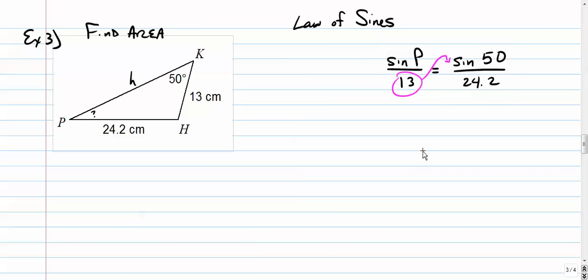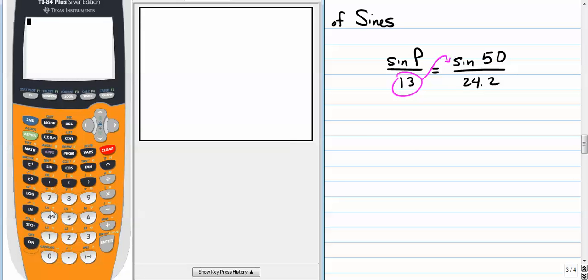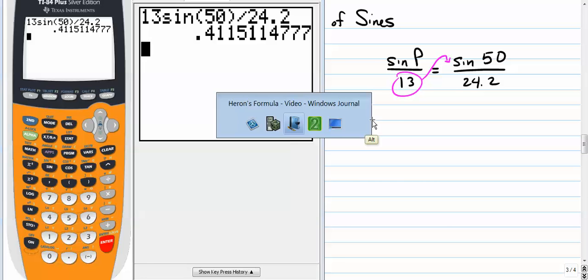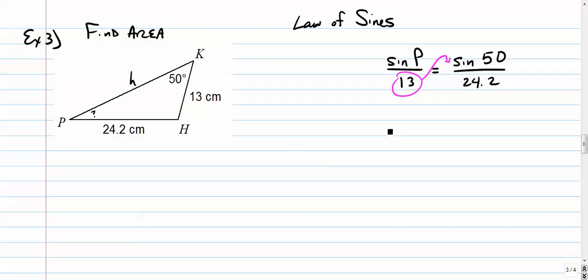So we have 13 sine 50, close, divided by 24.2. Enter. So that'll give us 0.412 essentially. So the sine of capital P is 0.412, but there are more decimals.